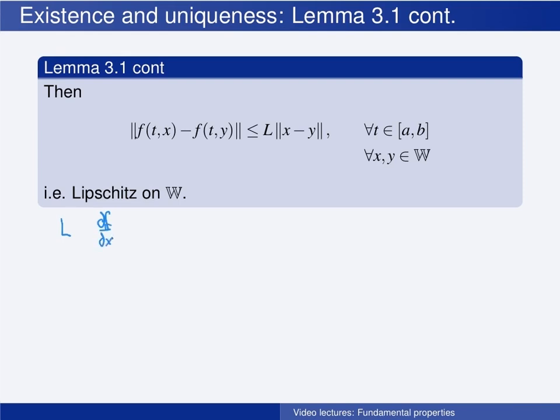So we can use this lemma to find a Lipschitz constant L, and then, having shown that f is Lipschitz on W, we can invoke Theorem 3.1 and conclude about existence and uniqueness.